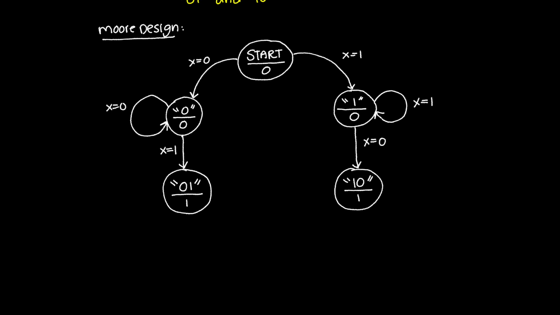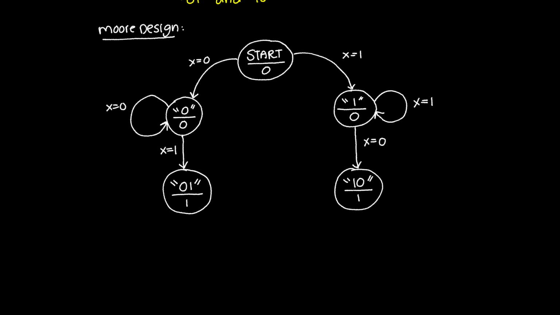Two things can happen. Let's look at this state over here. Again, I'm in this state. Two things can happen. I can detect a 0, or I can detect another 1. Easy enough. If I detect a 0, then the last 2 bits I have detected were a 1 followed by a 0, right?